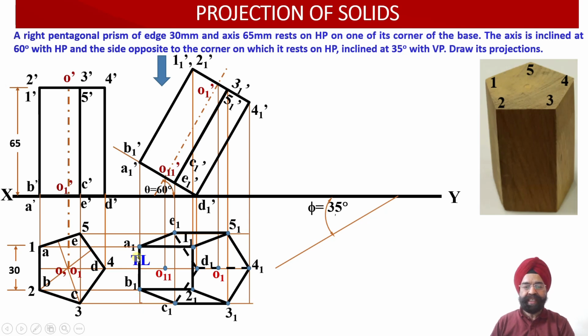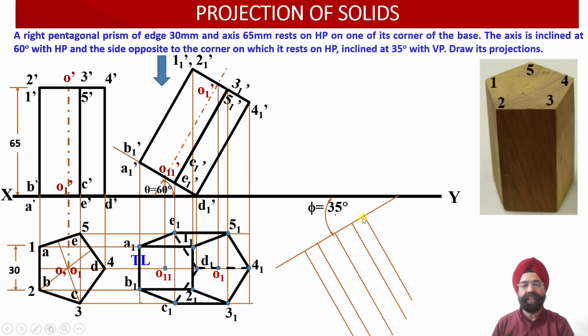Now this is the shorter side, which I have drawn over here, and this is the longer side. Once I draw this shorter side, I know how many points there are.